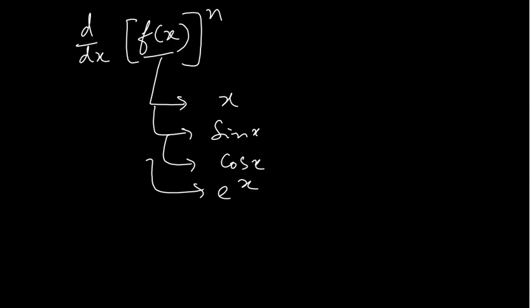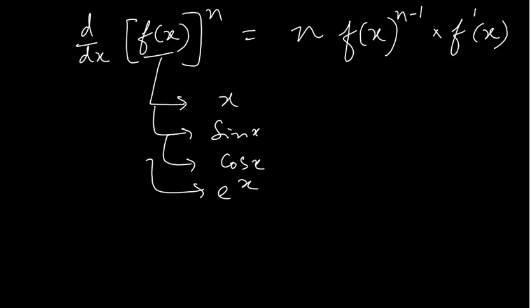Got it, right? If you get into this form, then the original formula is modified as n f of x to the power of n minus 1 into f dash x. That means whatever is inside, you do the differentiation of that.